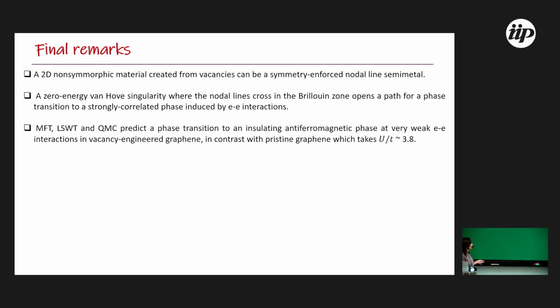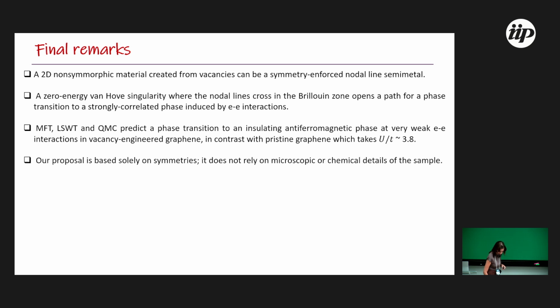And this happens at very weak, actually, our results indicate that arbitrarily weak electron-electron interactions, which are non-zero, in this that we carried out for vacancy engineered graphene, and because we know the result for pristine graphene to be 3.8 for the critical point. So we wanted to compare with something that we already knew from the literature.